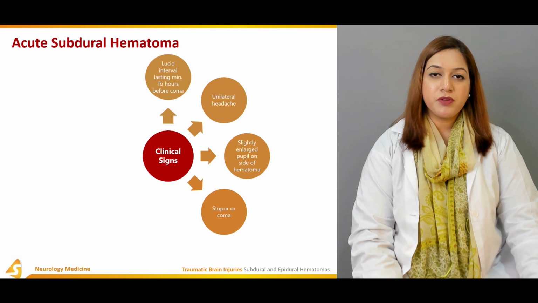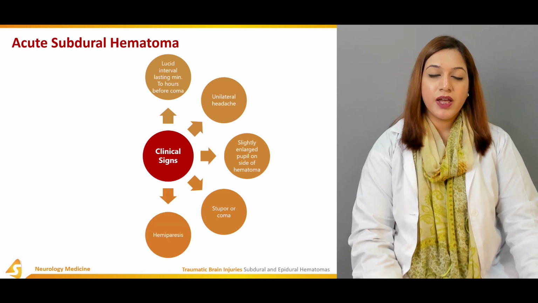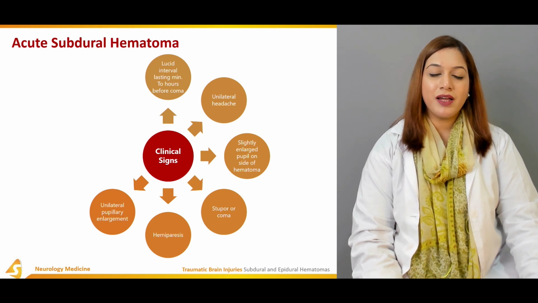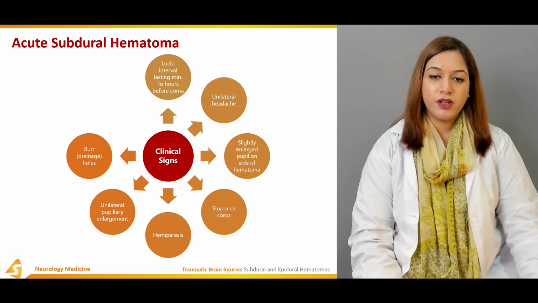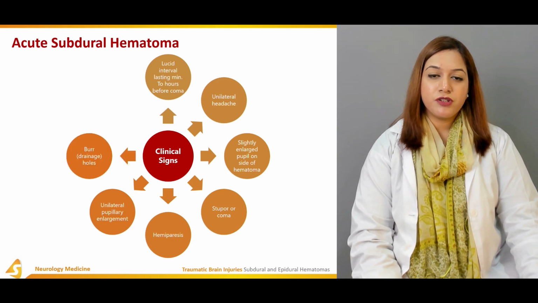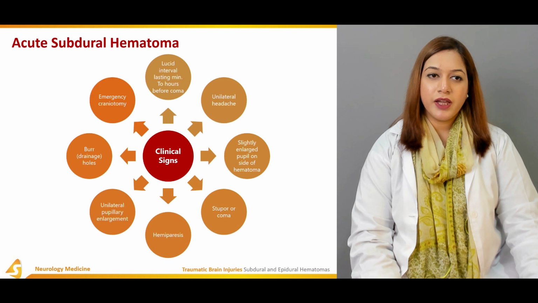If the patient is experiencing stupor or coma, hemiparesis, or unilateral pupillary enlargement, these are the signs of large hematomas. If the patient is exhibiting acute symptoms, you should perform a burr or drainage hole and an emergency craniotomy in order to relieve the pressure.